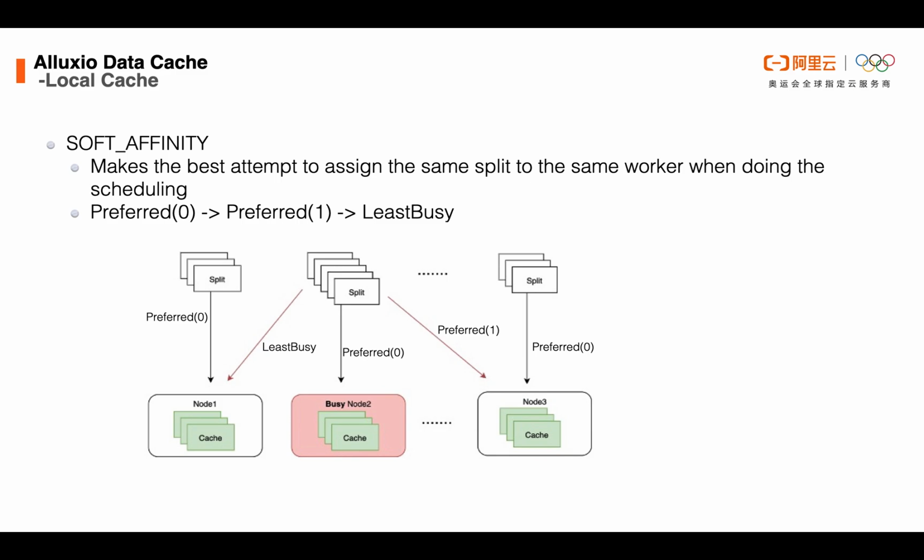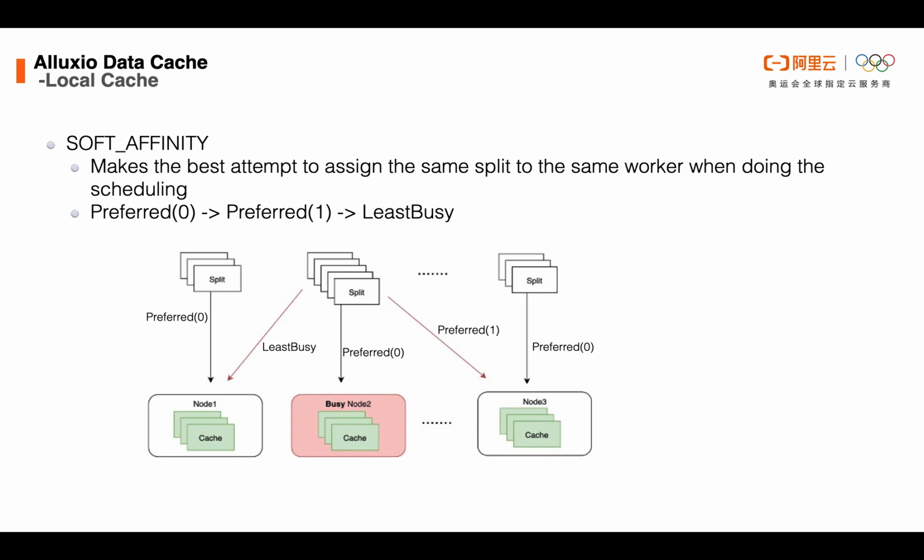So Presto provides soft affinity scheduling. It makes the best attempt to assign the same split to the same worker. The figure below shows the process of split scheduling.